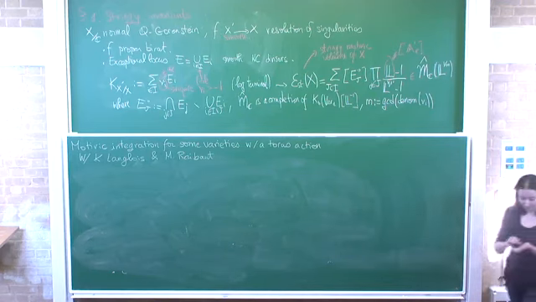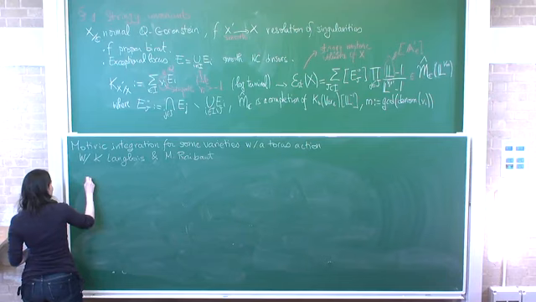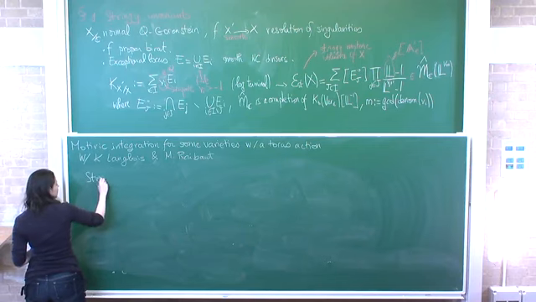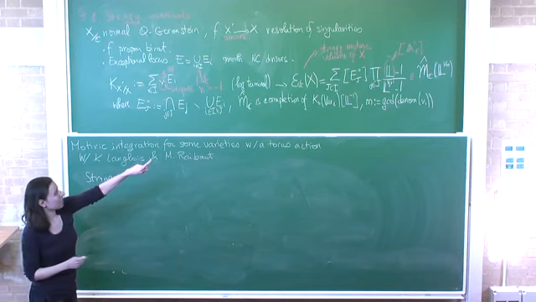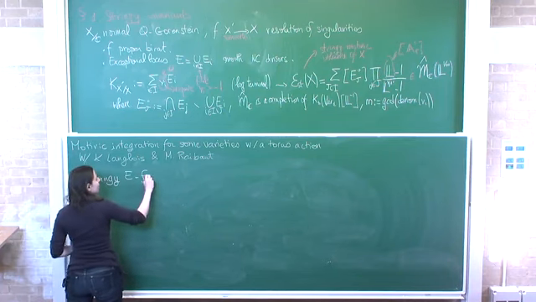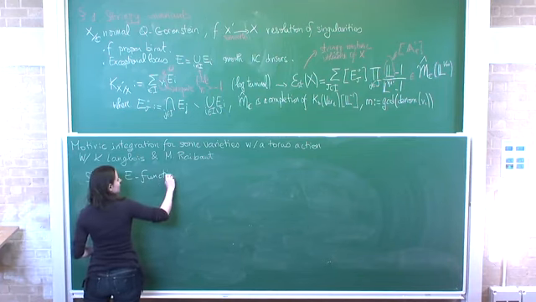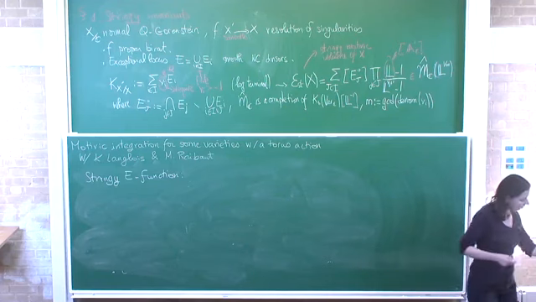So associated to this definition, there is the stringy E function, which is almost the same, except we make it a function. So we replace L by uv, where u.